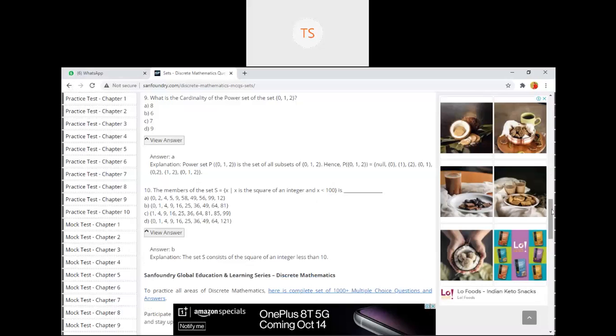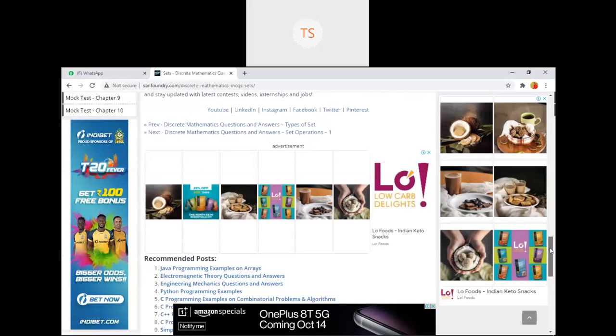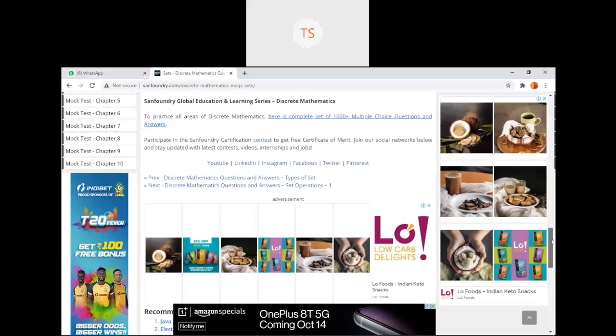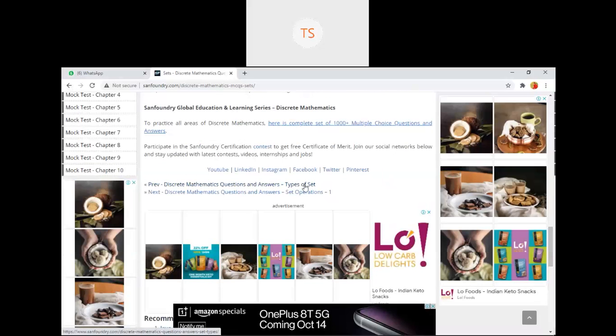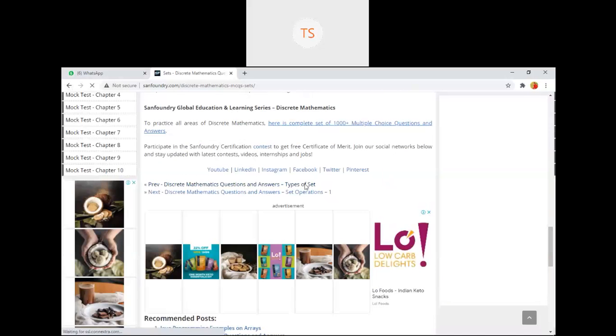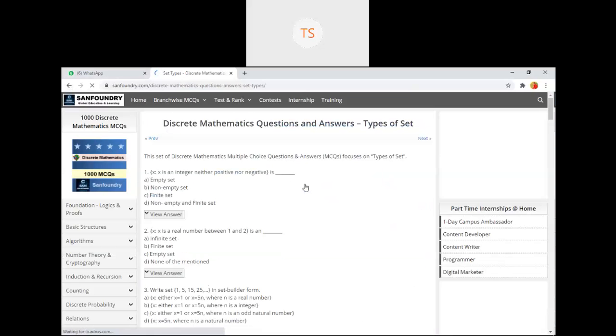Now let's do one more set. This is another set.